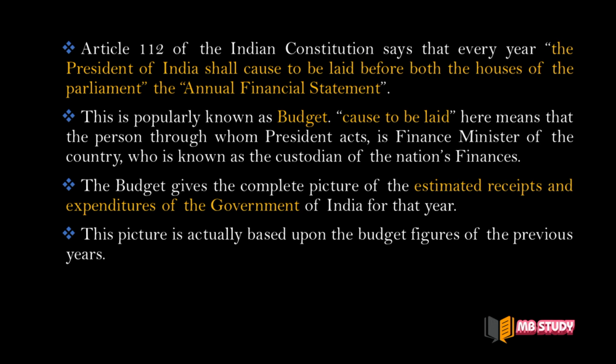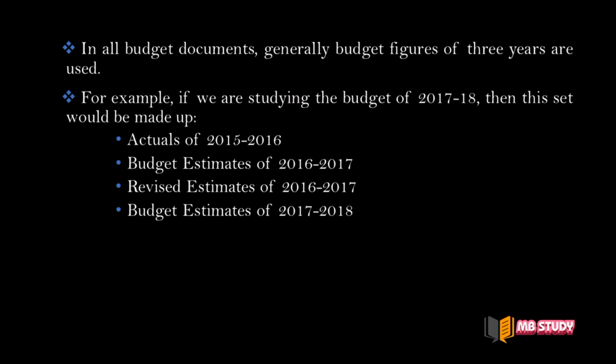The budget gives the complete picture of the estimated receipts and expenditures of the Government of India for that year. This picture is actually based upon the budget figures of the previous years. In all budget documents, generally, budget figures of 3 years are used.